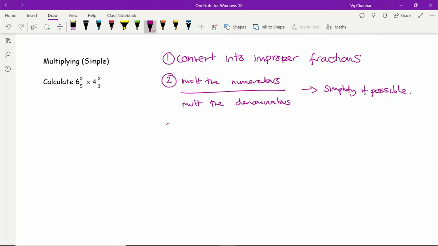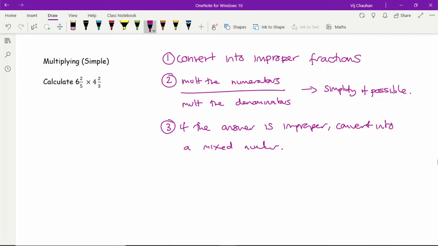And the third step is, if the answer is improper, let's just write that out again. So if the answer is improper, then what we need to do is just convert into a mixed number.